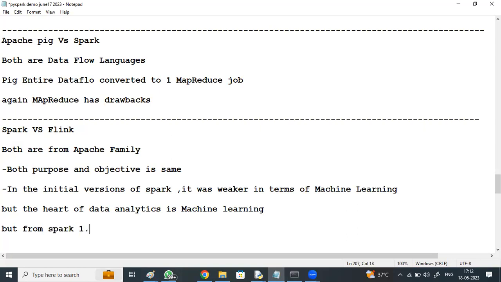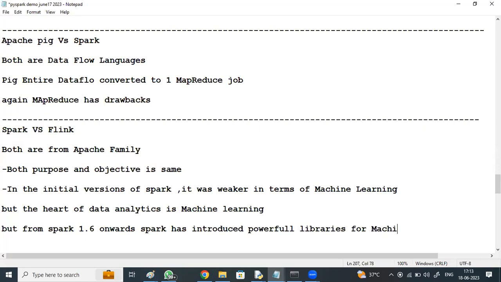But from Spark 1.6 onwards, Spark has introduced powerful libraries for machine learning and graph algorithms.